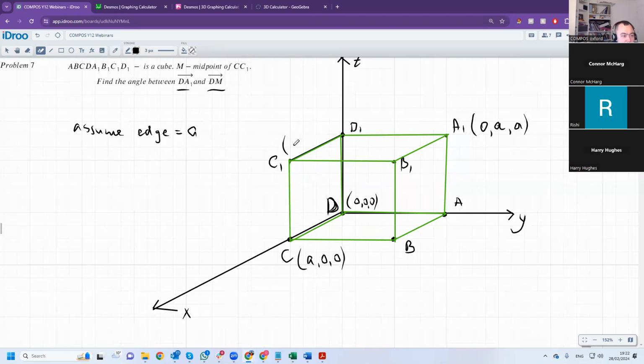C1 is going to be A, 0, A, and point M is halfway. So it's A, 0, A over 2.